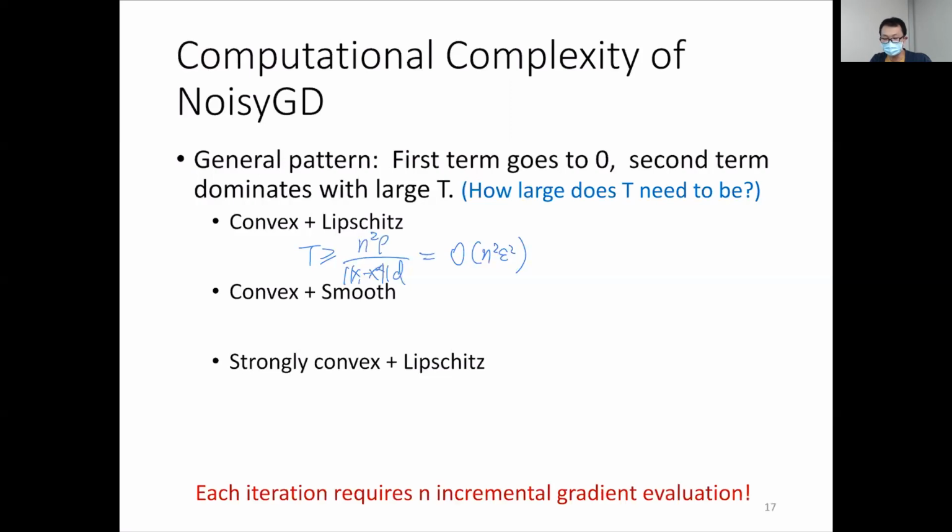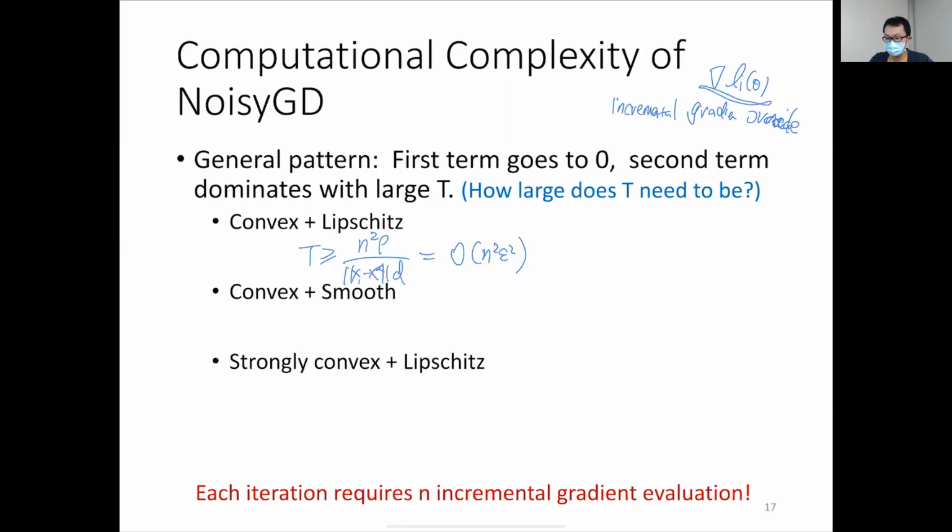That could make this not so great, because every iteration you need to go over every single data point. In terms of the number of incremental gradient oracle calls, this is how the optimization people count: it is the evaluation of the gradient of one individual data point.